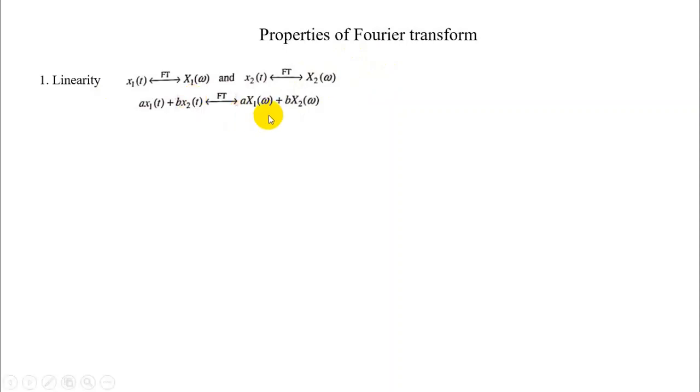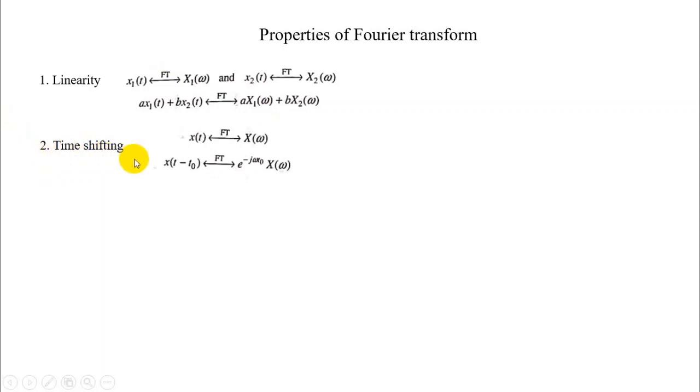I request you to write down each of the properties several times, so that after performing several tasks it will become easier and more convenient. So this is the linearity property, and second I will discuss time shifting.